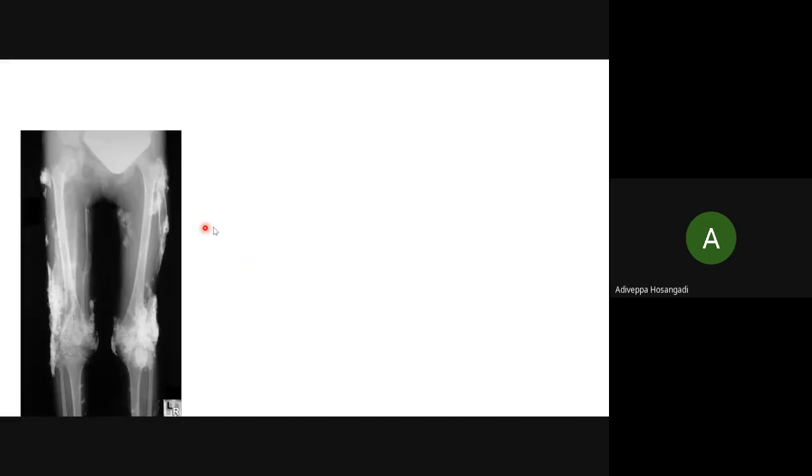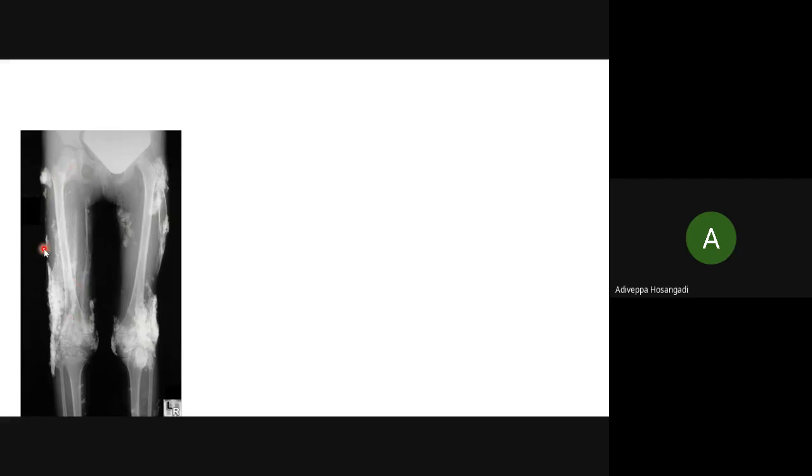This is one important slide I wanted to show. You see, what is this? There is bone formation everywhere. There is normal bone here. There is bone formation in the soft tissue. Look at this. It is not because of any injury to the elbow, it is not because of injury to the knee.